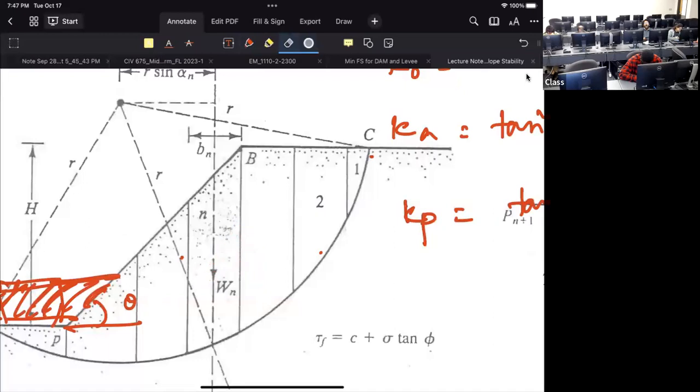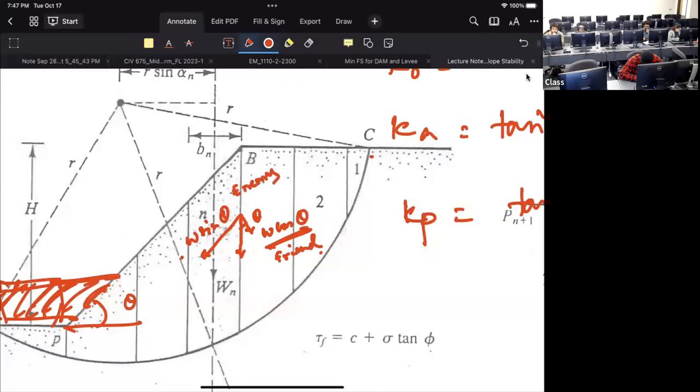So basically your theta goes the other way. This angle is theta. This is W cos theta and this is W sin theta. So your W cos theta is your friend, and W sin theta is your enemy.